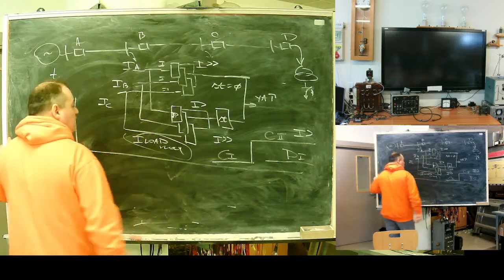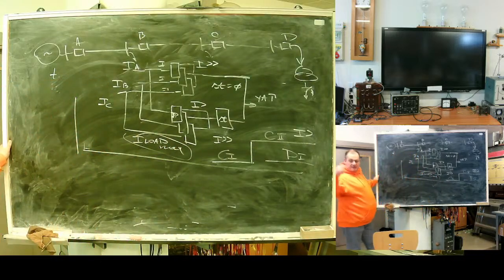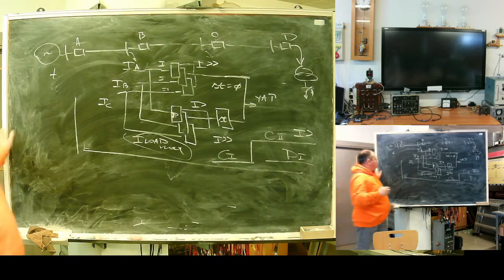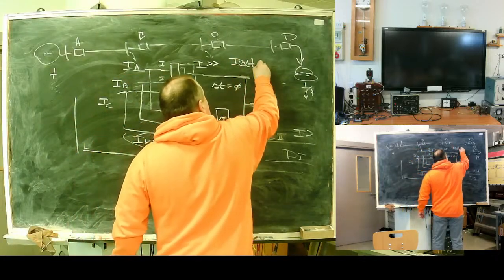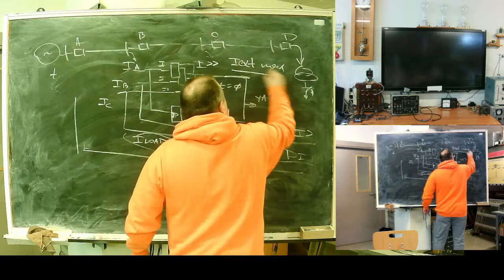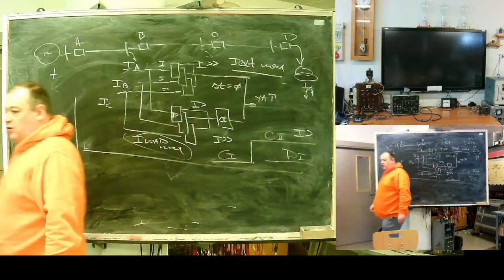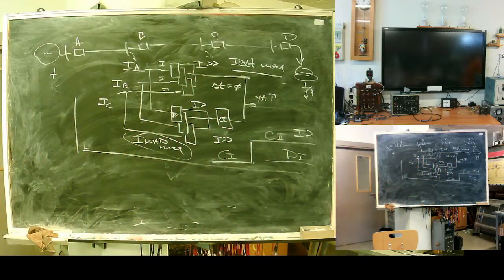For this part, the threshold criterion is the max load current. For this, the max current of max external fault. This part is selective, made selective.